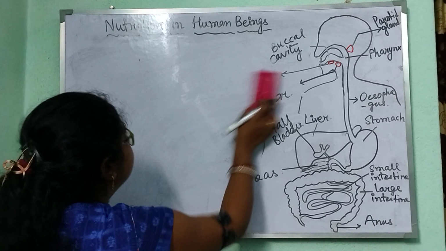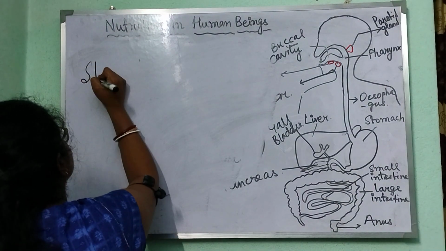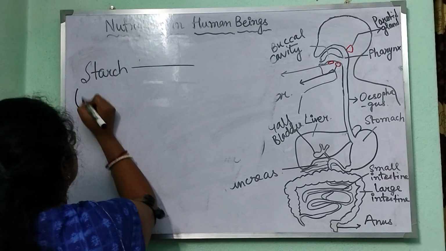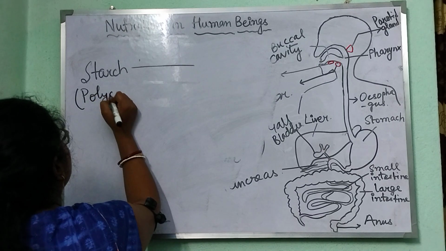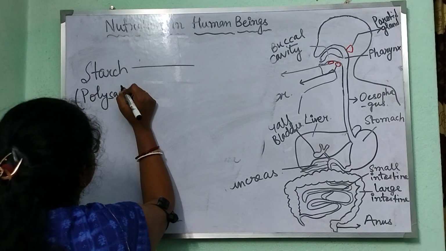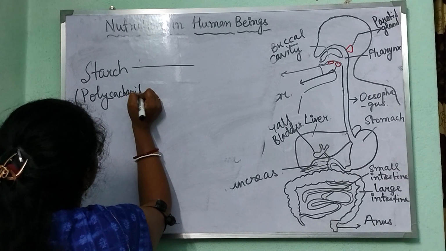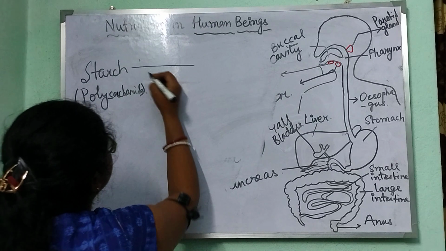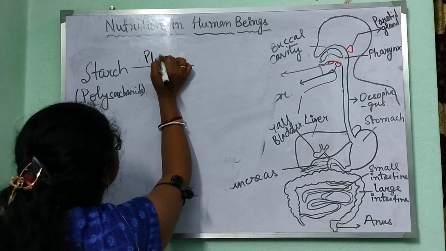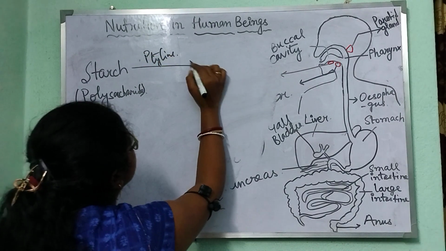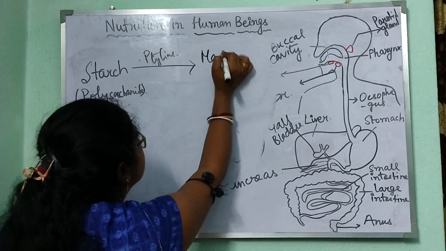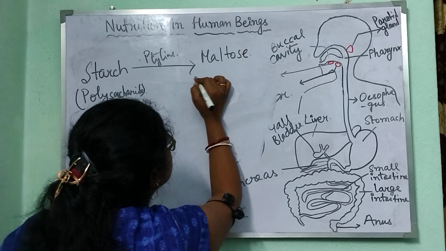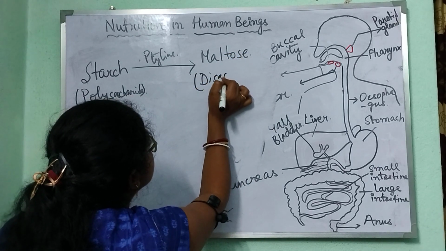By the help of ptyalin, starch, which is actually a polysaccharide, breaks down into maltose, which is a disaccharide.